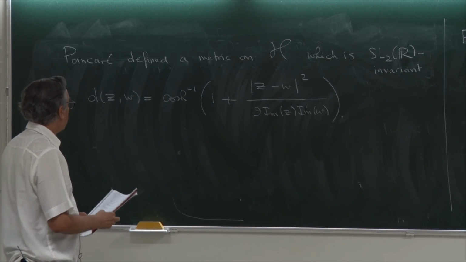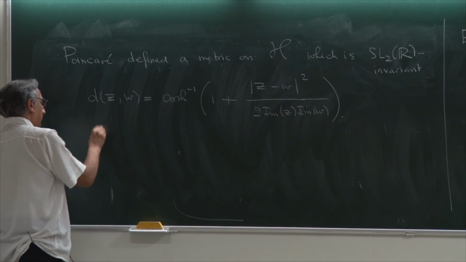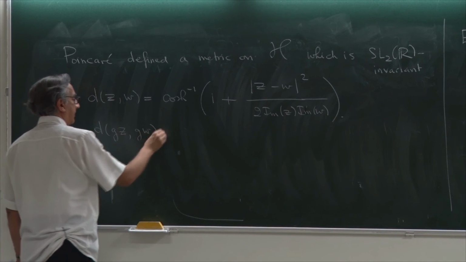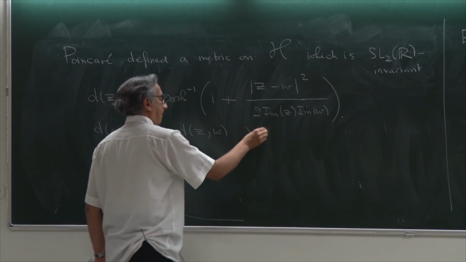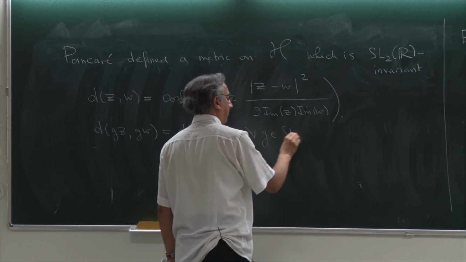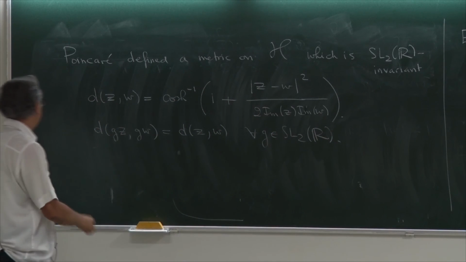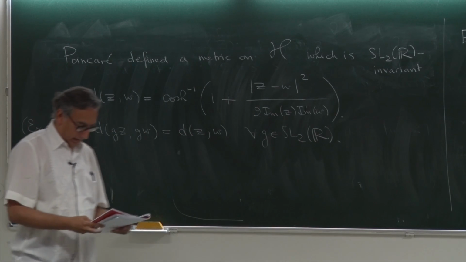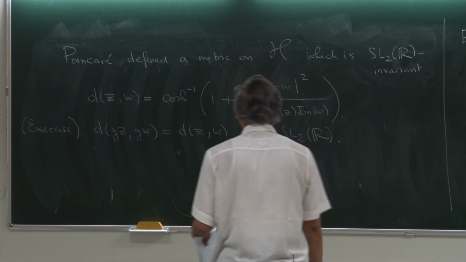And it's a small exercise, which I suppose can be done in the afternoon, to show that this is invariant. So I'll leave that for you as an exercise. And so this is what's often called the hyperbolic metric.